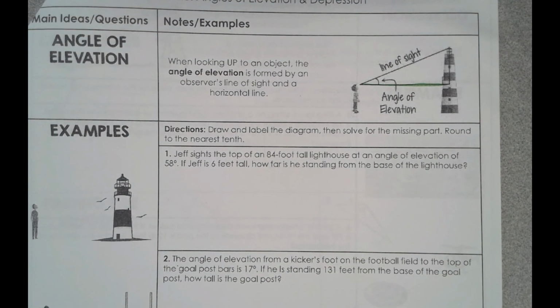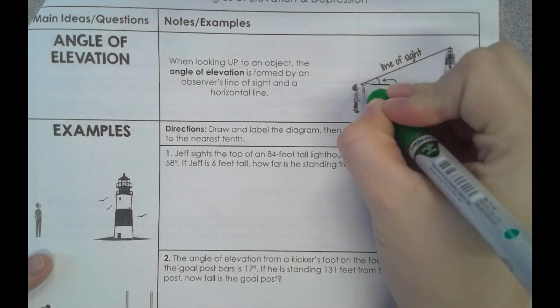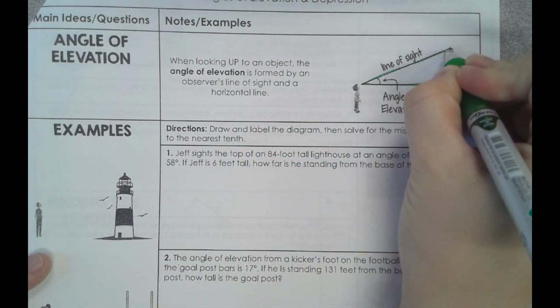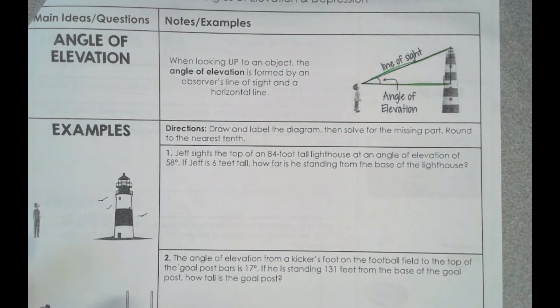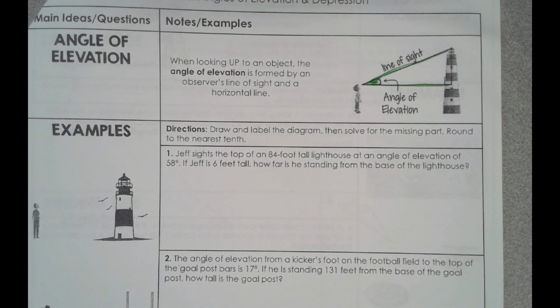You draw a horizontal line. If laser beams were shooting out of their eyeballs and they were looking straight ahead, where would that be? Then assume they look up at something, and your angle of elevation is the angle between those two lines. You always have to think about that horizontal first line, and then they look up.